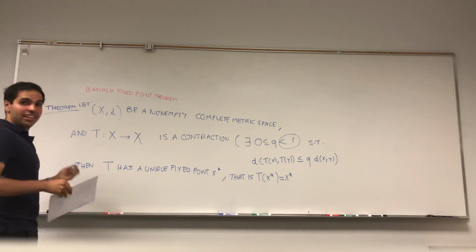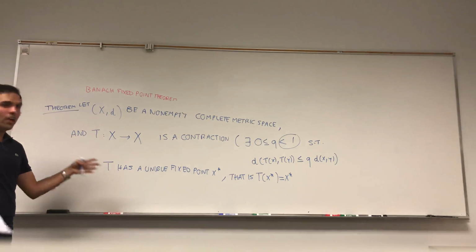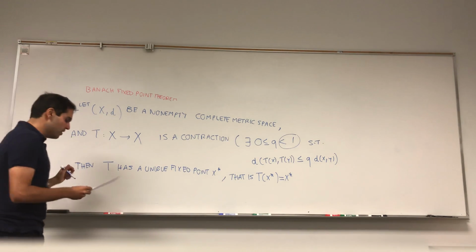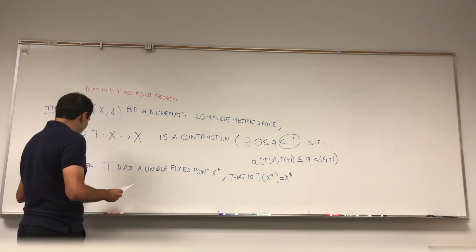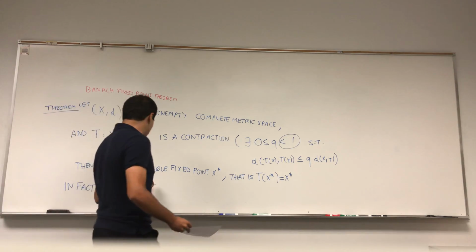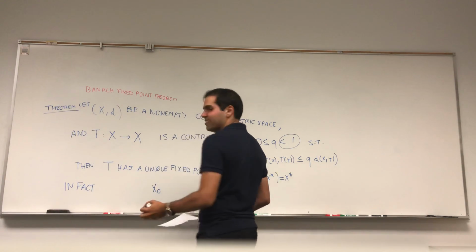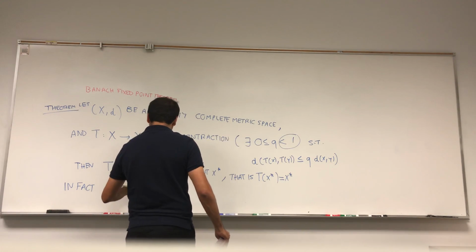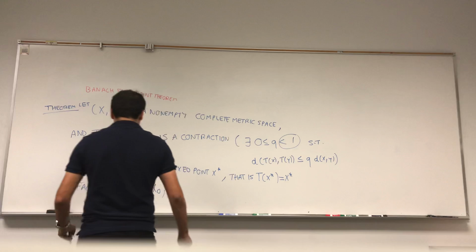And in fact, it turns out there's an easy way, at least with an algorithm, to construct that fixed point. Suppose you start with an arbitrary point x naught, any point works actually, and you apply T n times.